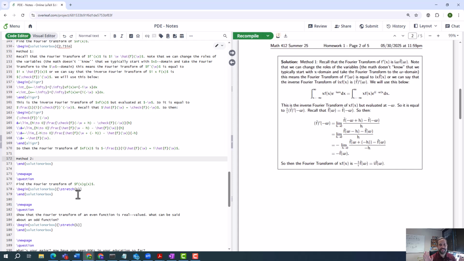Okay, here's method 2. Method 2 is a lot more straightforward, but it relies on being able to make an observation.